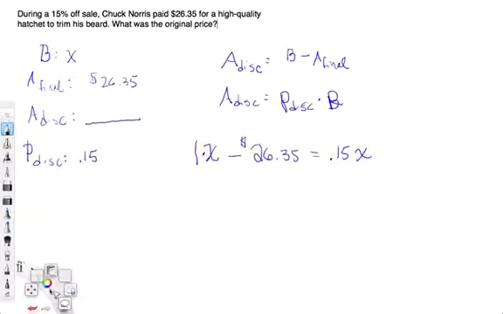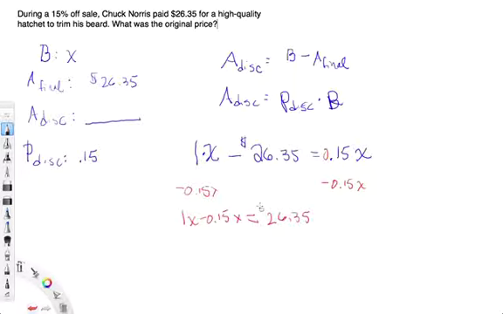So to solve this equation, I'm going to subtract 0.15x from both sides of this equation. 1x minus 0.15x, and then I'm just going to go ahead and add 26.35 to both sides.